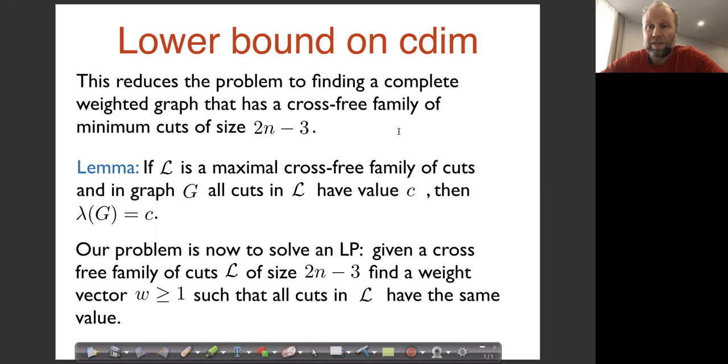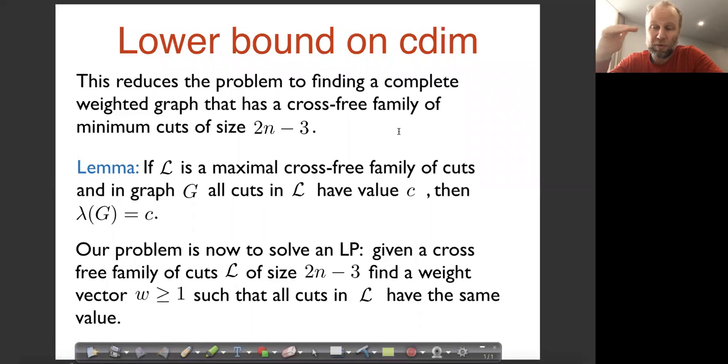So that makes our problem simpler, because now all we have to do is solve a linear program. Basically, we want to come up with a weighting of the complete graph. So let's look at it this way. We're going to start out with a family of cross-free cuts in the complete graph of size 2n minus 3.